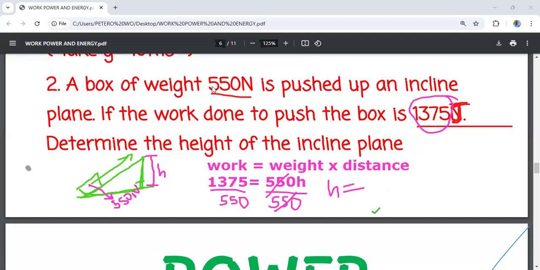All right. Now we will be having our answer as 2.5. And because our work was in joules and we had our weight in newtons, the h, which is the height, will be in meters. So our answer is going to be equal to 2.5 meters.